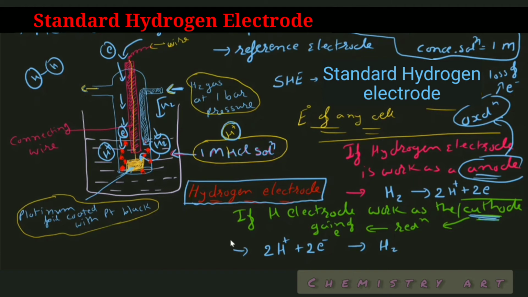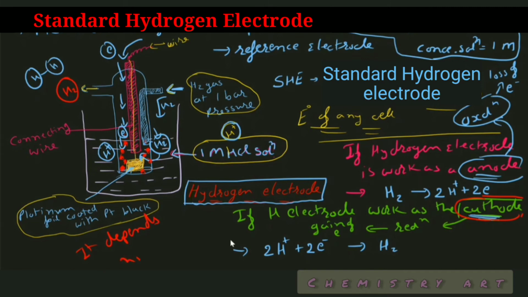So if the hydrogen is working as a cathode, the hydrogen gas can come out from this outlet. Like this, hydrogen can work as a cathode and hydrogen can work as an anode, depending upon the other electrode which we are taking.